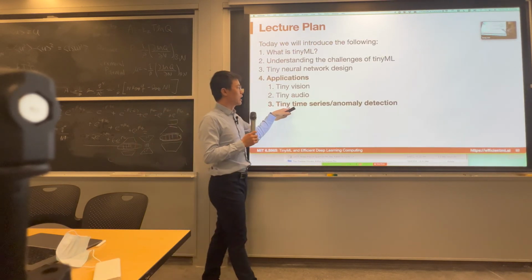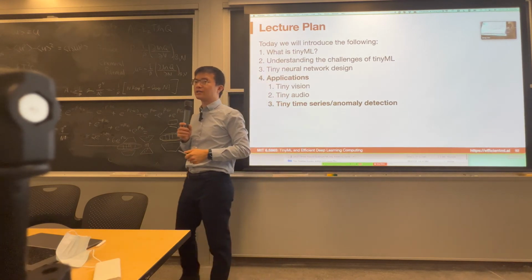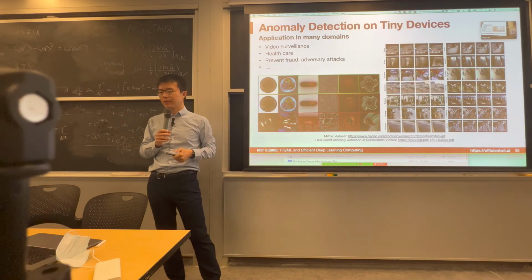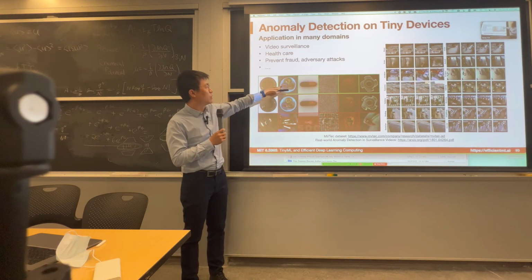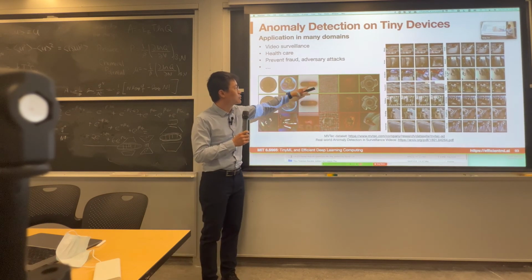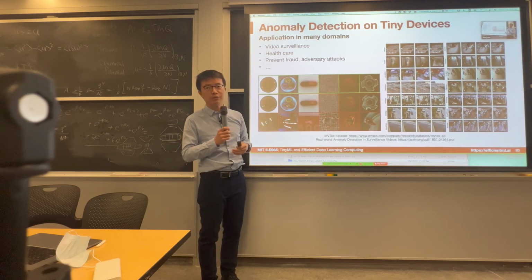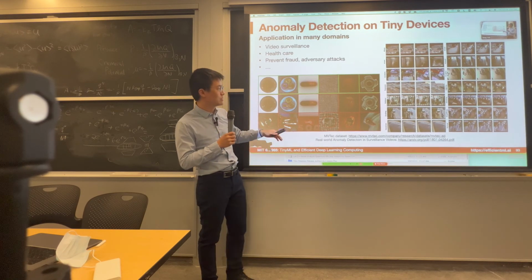And finally, we'll cover a popular time series and anomaly detection task that is quite widely used in smart factories. There are many application domains, like detecting whether a wire is abnormal, right? Detecting whether a capsule has some broken parts, right? For example, if you use manual inspection, that's going to take a lot of effort.